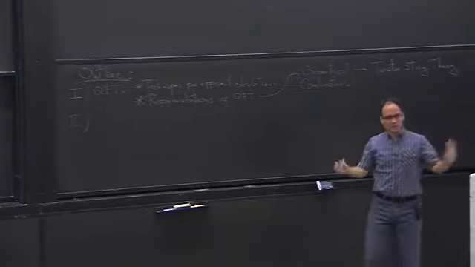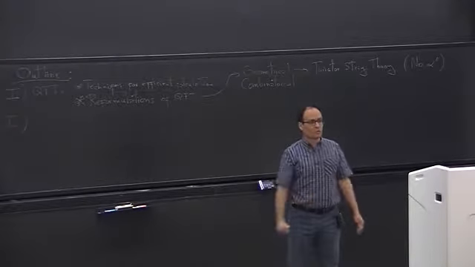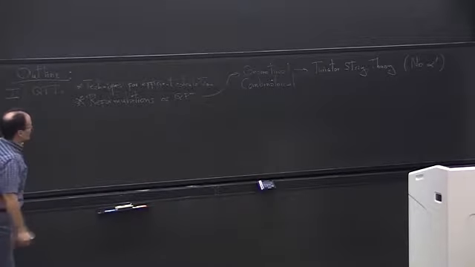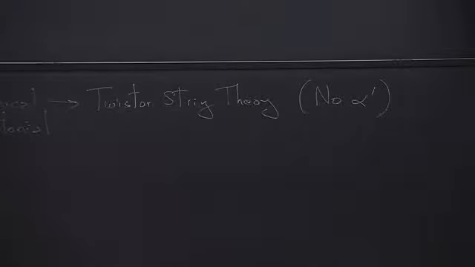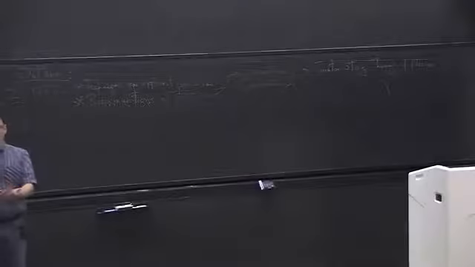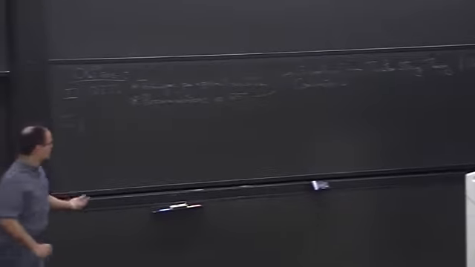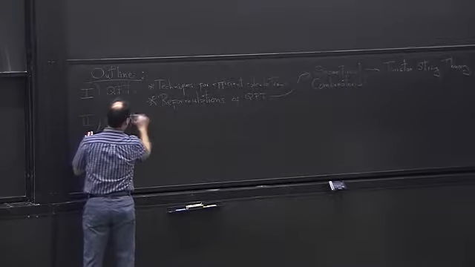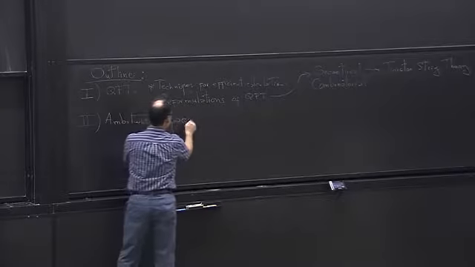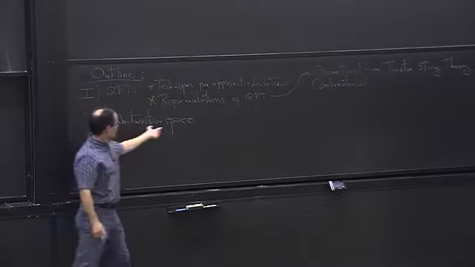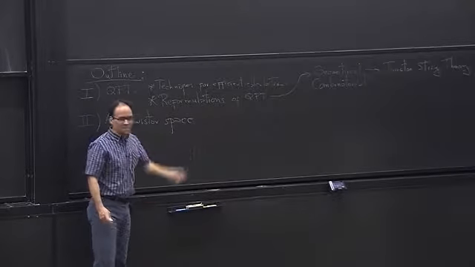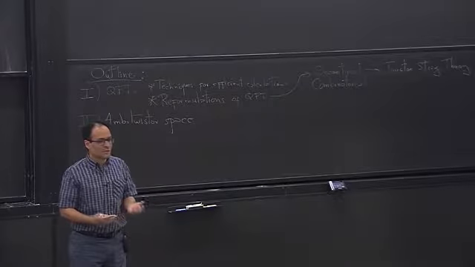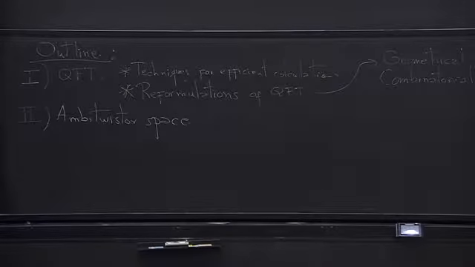So mysteriously, this is a string theory that computes quantum field theory amplitudes. In the second week, we're going to see how this twistor string theory can be reformulated in an even more natural way, if you think about a different space that is not twistor space, called ampli-twistor space. The reason this space is going to be nicer is that after having this formulation that doesn't have alpha prime but looks like a string theory, you're itching for a way of connecting this to string theory.